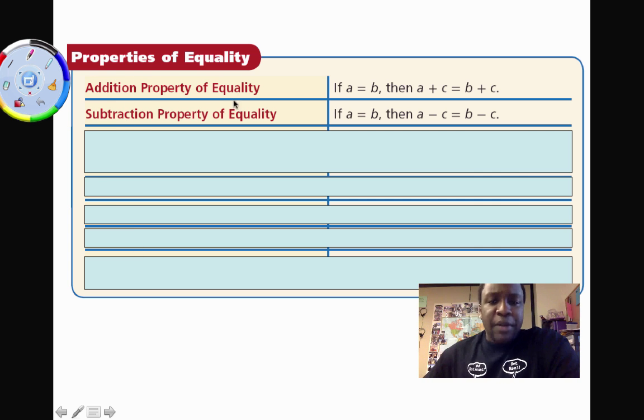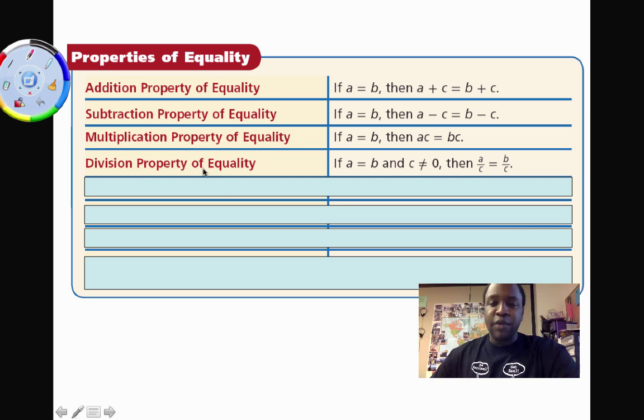So the addition property of equality is if A equals B, then A plus C equals B plus C. So this basically means that you can add the same thing, C, to both sides of the equation. The subtraction property of equality means that you can subtract on both sides of the equation. So if A equals B, then A minus C equals B minus C.